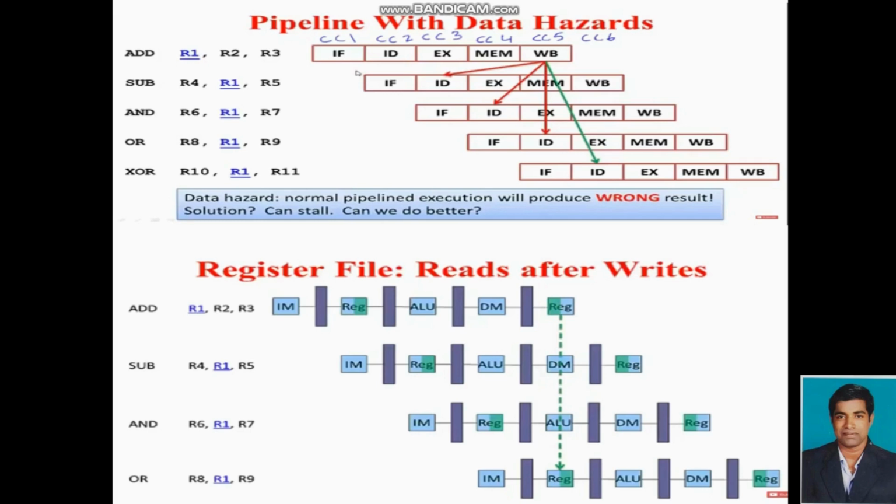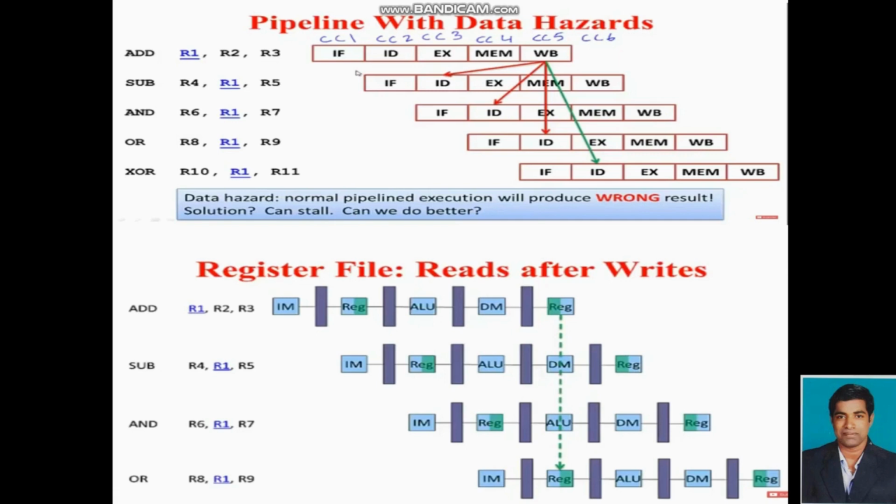Here the first instruction can provide output at clock cycle 5 only, so these inputs can be given after the 5th cycle only.